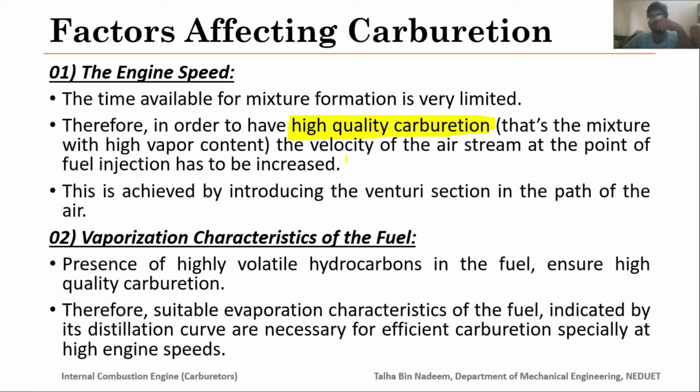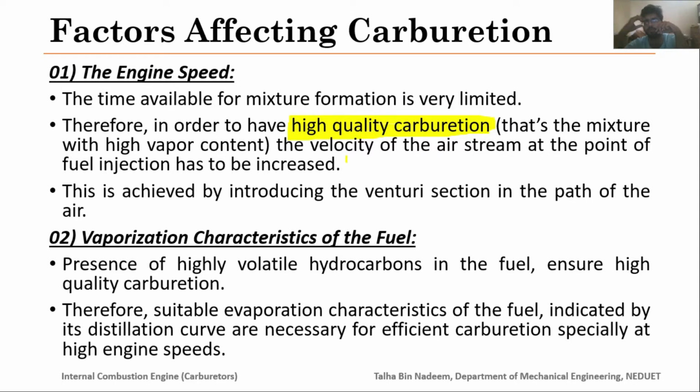And the answer to that question is very simple. You must have also studied in thermodynamics that if I want to increase the velocity of any flowing fluid, I can simply use a nozzle.